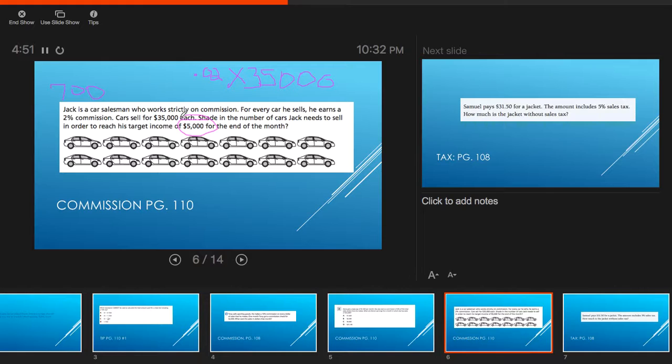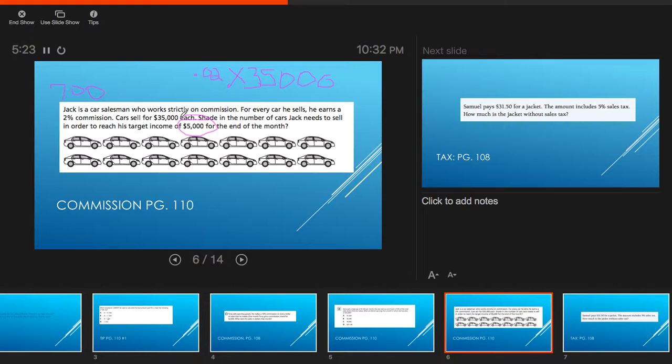So what I would do is I would go 700 plus 700, because that would be 2 cars. And that was 1,400. Then I'm going to add another car, which would be 700. And that would be 2,100 plus 700. We're now on 4 cars. This is 2,800. Okay, we're going to add another car, 700. That's $3,500 plus 700.